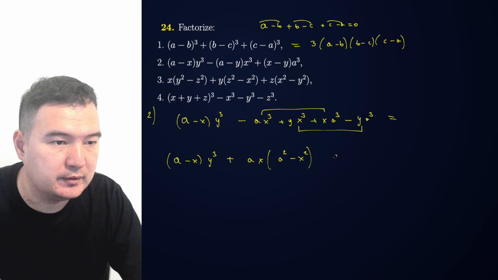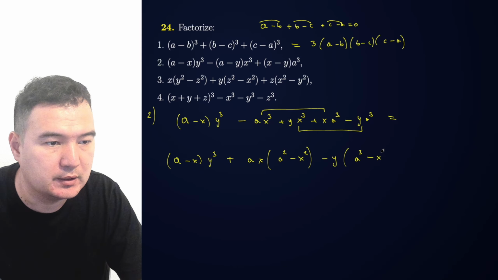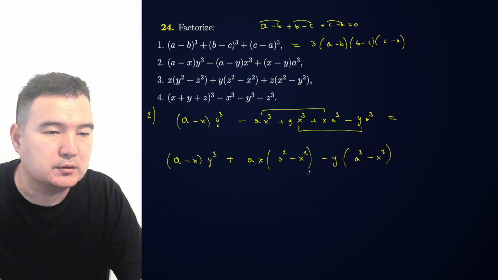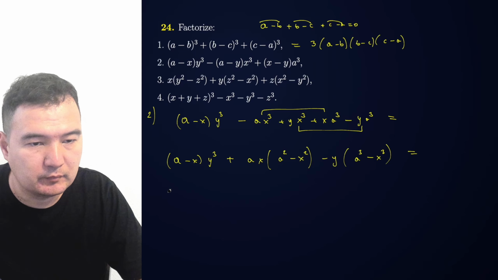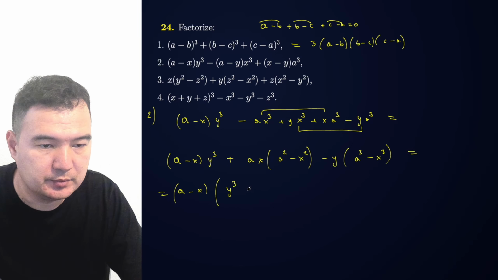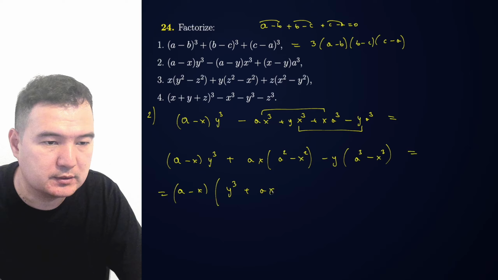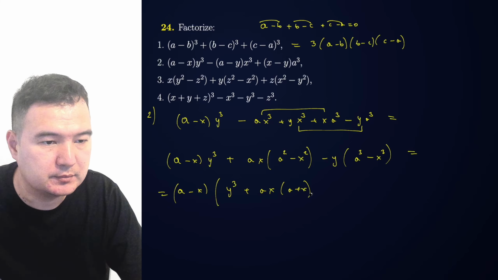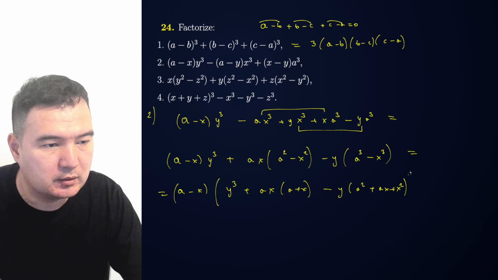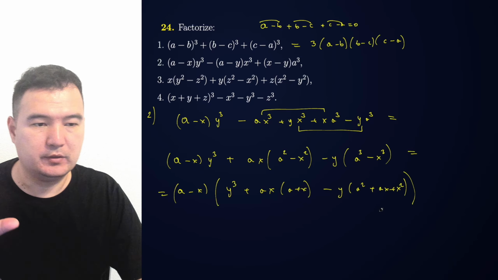And for these two, if I take out negative y, I will be left with a cube minus x cube. So both of them have a minus x as a factor. Take out a minus x as a factor. Inside the parentheses, we have ax times (a plus x), minus y times (a squared plus ax plus x squared). So this is the first part.